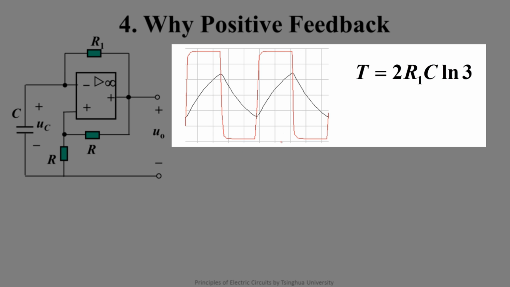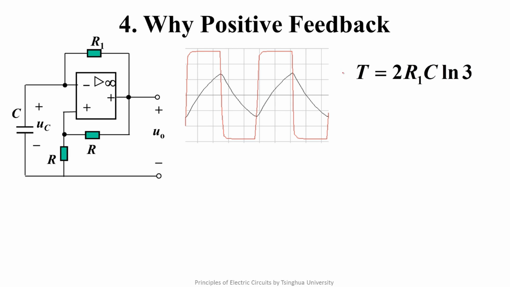According to the introduction above, this square wave should mainly have a sinusoidal wave with this period as the fundamental wave. The angular frequency of the fundamental wave is this. The capacitor represents a capacitive reactance under the fundamental wave.